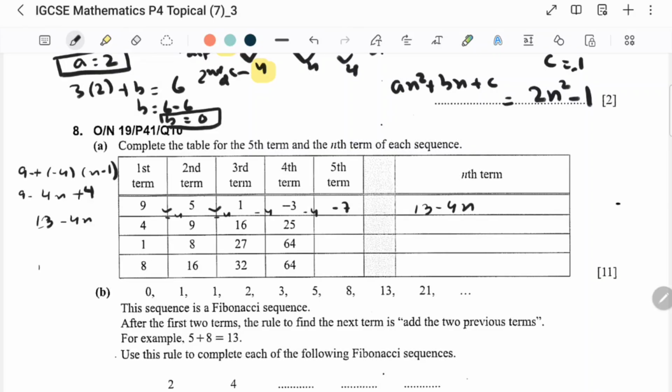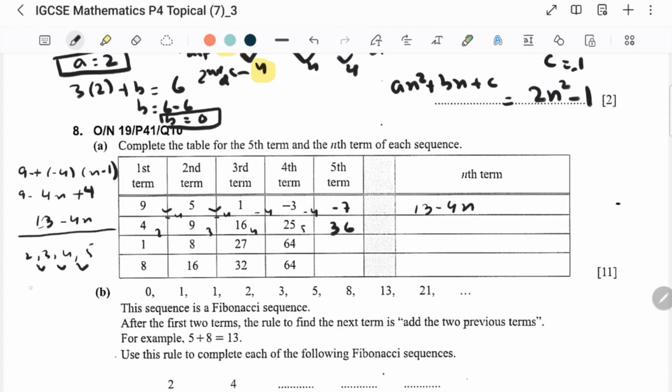Then the second one: 4, 9, 16, 25, which is 2 square, 3 square, 4 square, 5 square, and then 6 square is 36. So what do we do? It's easy here to find the nth term of the linear sequence 2, 3, 4, 5 and then put the square on it. Rather than do the whole process, if you want, you can do it.